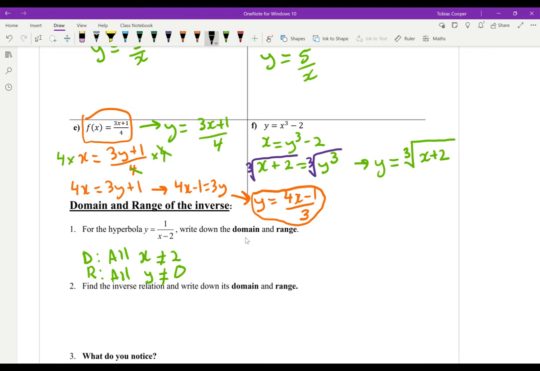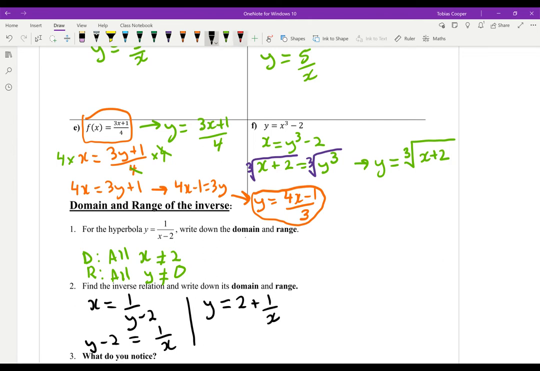So what we're going to do now is take the original equation and swap x and y over. So we get this. And then we're going to swap y minus 2 with x.